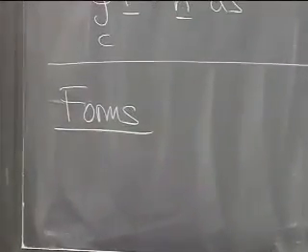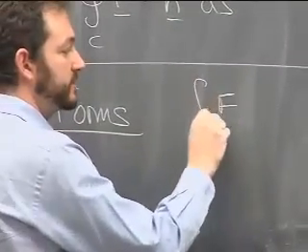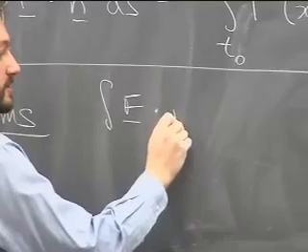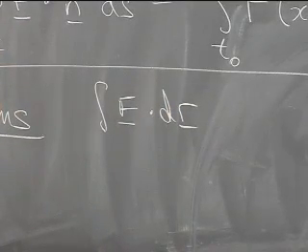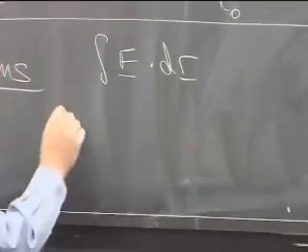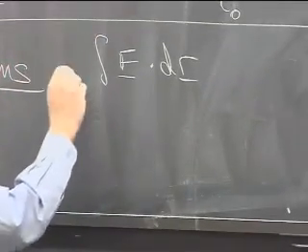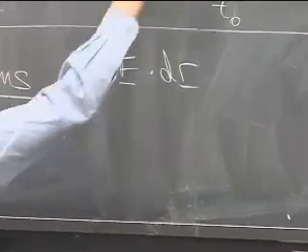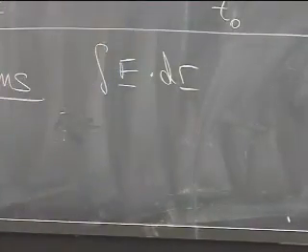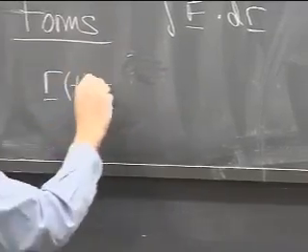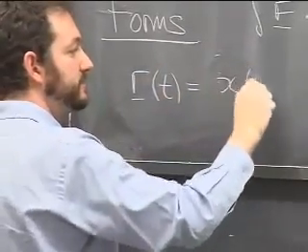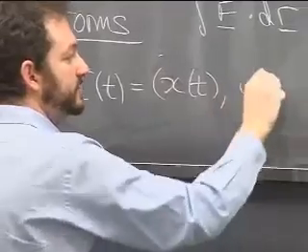I've already shown you the form like this, f dot dr. That's a sort of differential form. Now what does it mean? Well, suppose f is exactly as above, written as x of t, y of t.